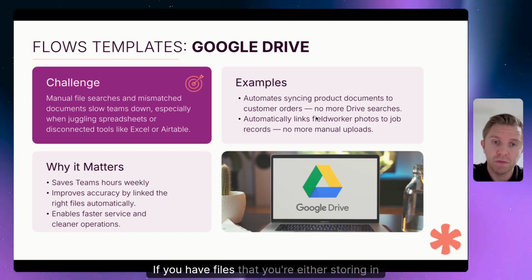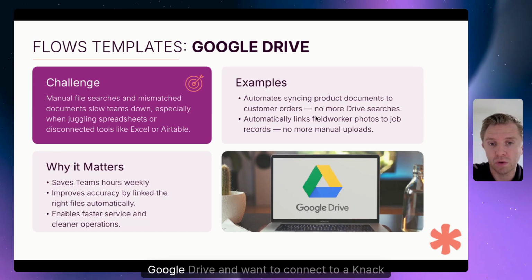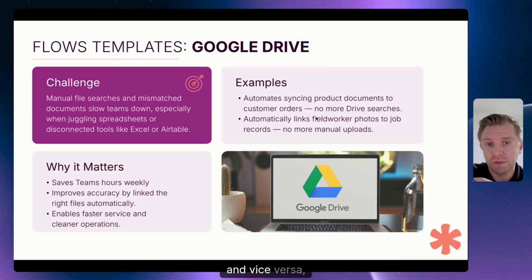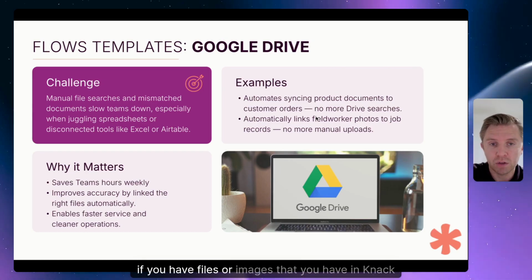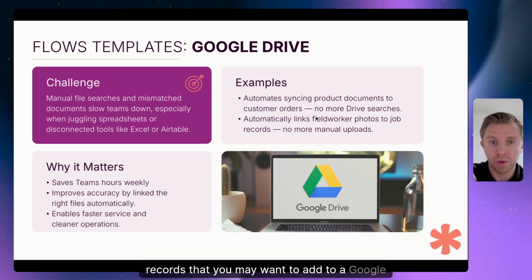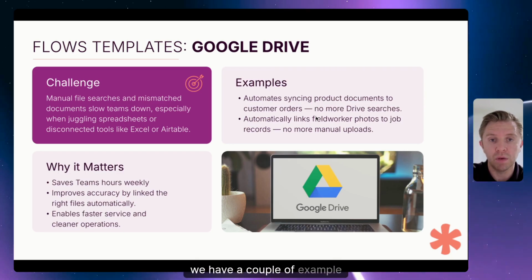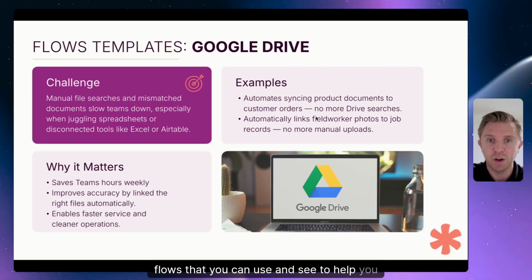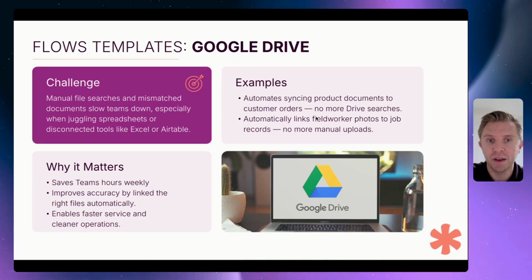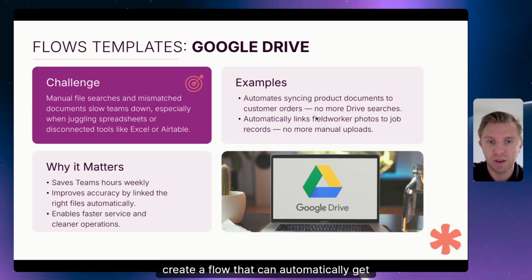If you have files that you're storing in Google Drive and want to connect to a Knack record, and vice versa, if you have files or images in Knack records that you may want to add to a Google Drive, we have a couple of example flows that you can use to help you understand how you can make that automation seamless and create a flow that can automatically get information from one place to another.